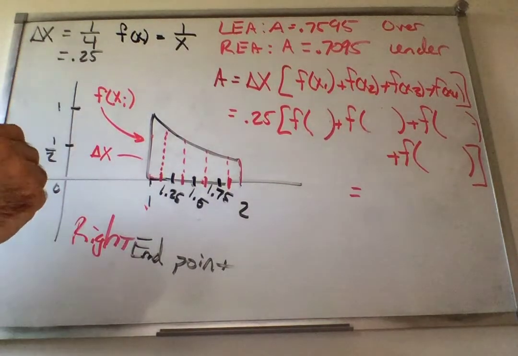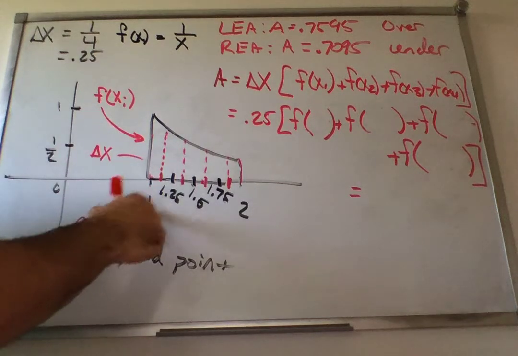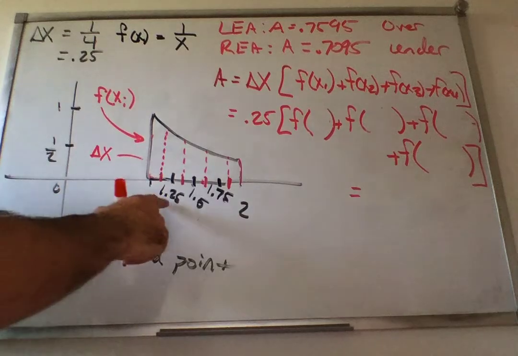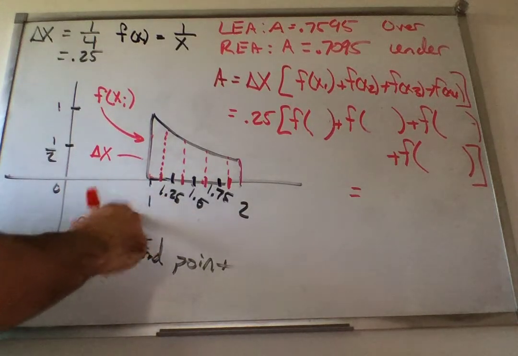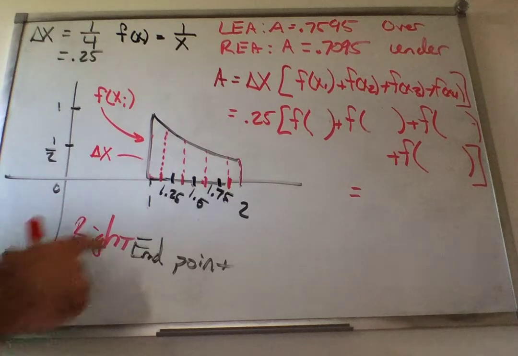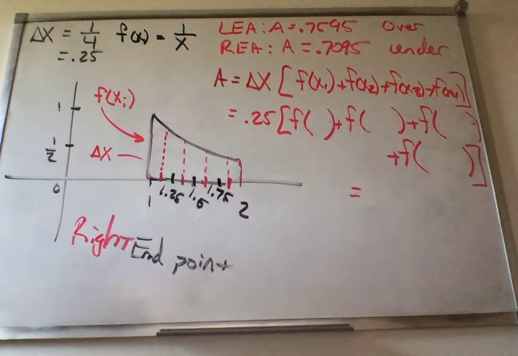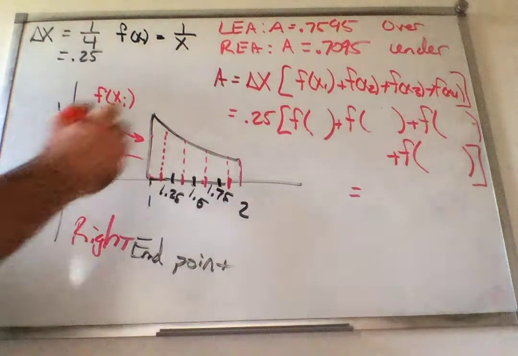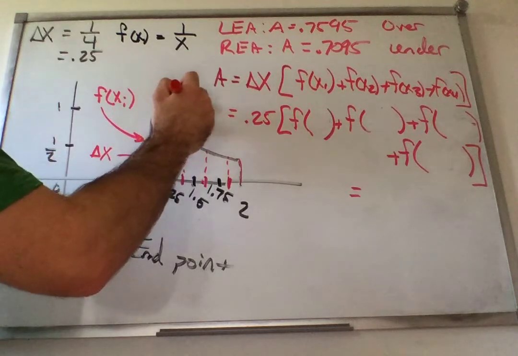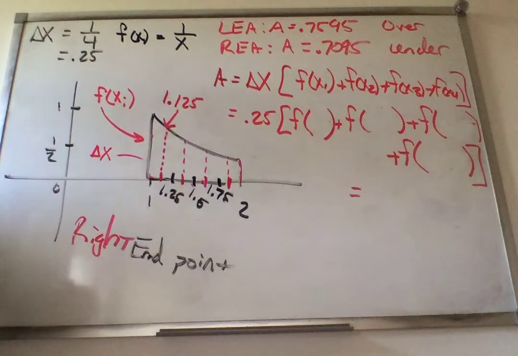So, let's see. The midpoint between here and here. The way to do it is you add the 2 values and then you divide by 2. 1.25 plus 1 is 2.25. 2.25 divided by 2 is 1.125.